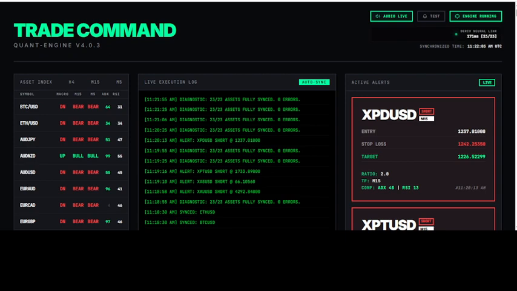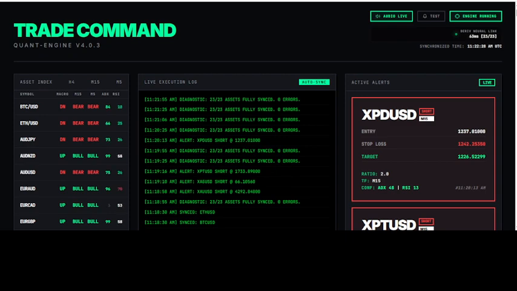So today what you're looking at here is the Trade Command Quant Engine that I've built, coded, and developed. A trading engine designed to trade binary options on the 5-minute and 15-minute time frame.